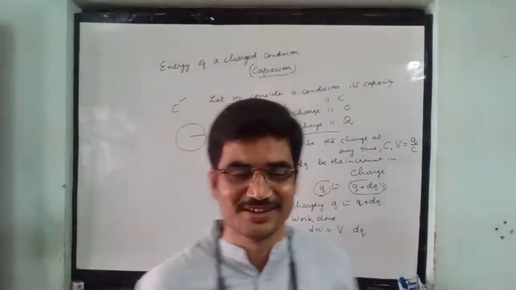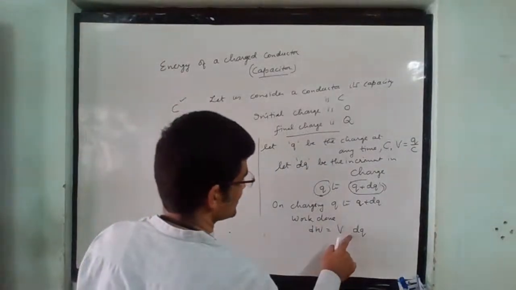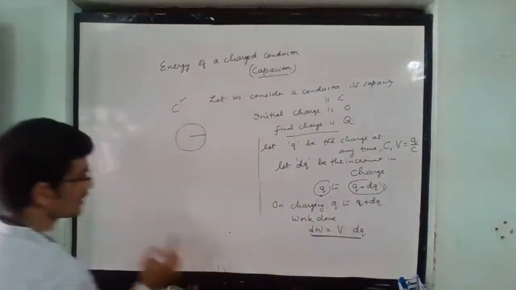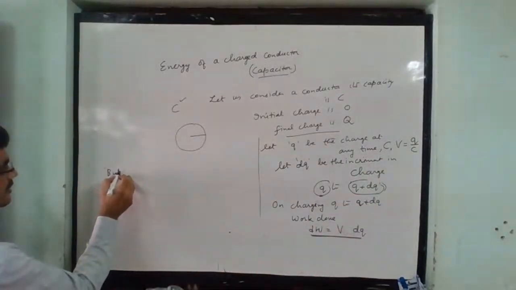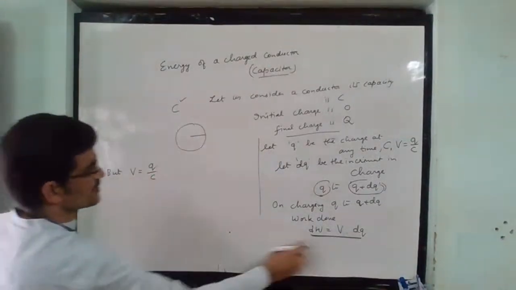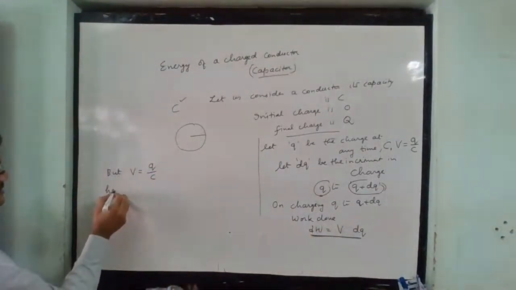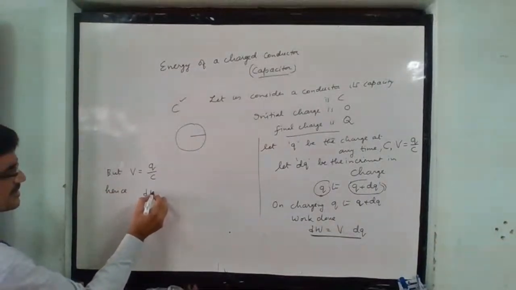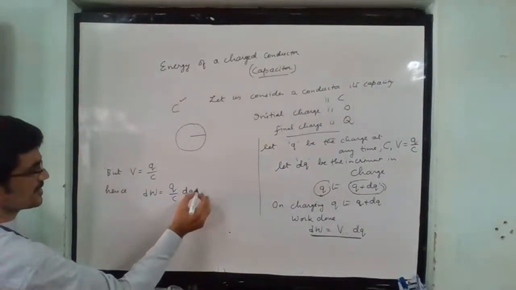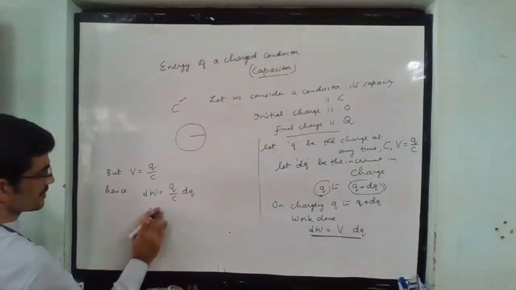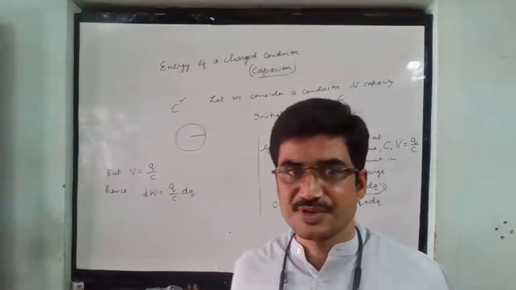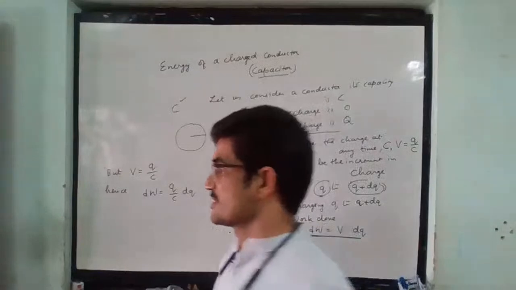That is the work done. Clear? But V is equal to Q by C. Put this value here. Hence, we will get dW is equal to Q by C into dQ. So this is the work done in terms of Q and C.